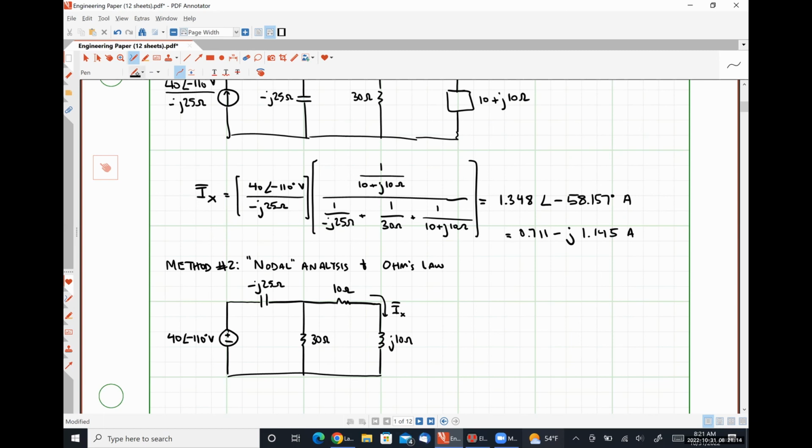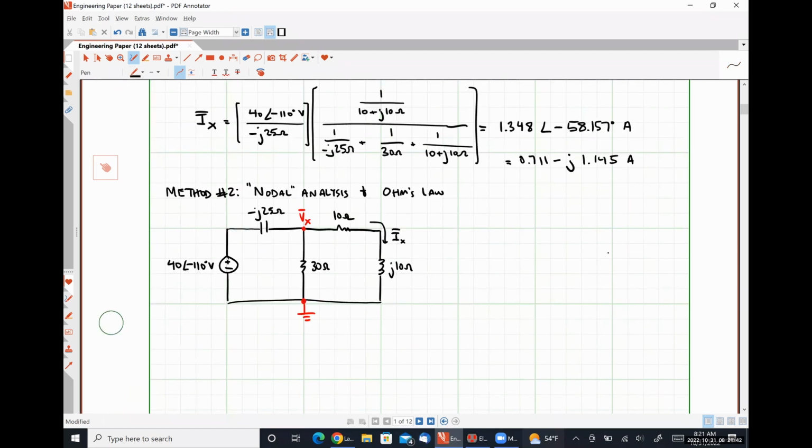And at the negative polarity terminal of my voltage source, which is down here, I'm going to choose this to be my ground. And I'm going to call this node X with a nodal voltage Vx, which happens to be the voltage drop over the 30 ohm resistor, which is what Brody had indicated.